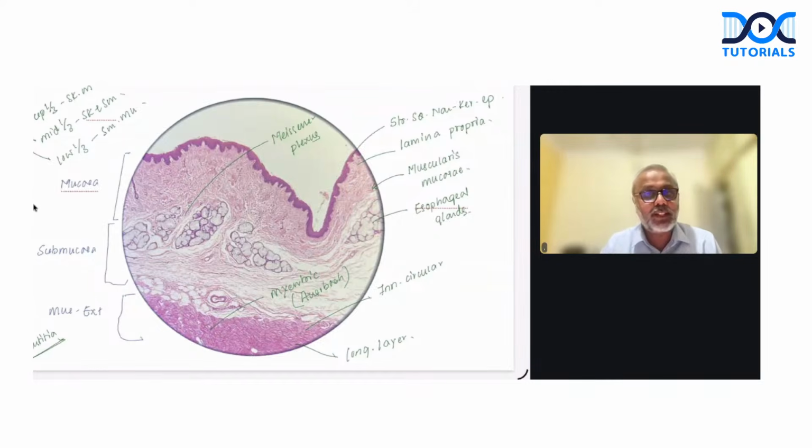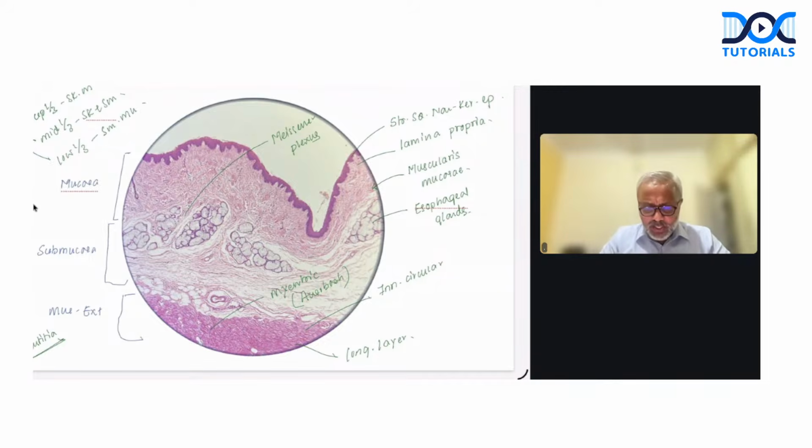In the lower 1/3, it's entirely smooth muscle. This is arranged histologically as the circular inner layer and outer longitudinal layer. In between this, we have the myenteric plexus or the Auerbach plexus. Muscularis externa in turn is covered by adventitia. Only the intra-abdominal part of the esophagus will contain the serosa. This is how you should explain the slide of esophagus.